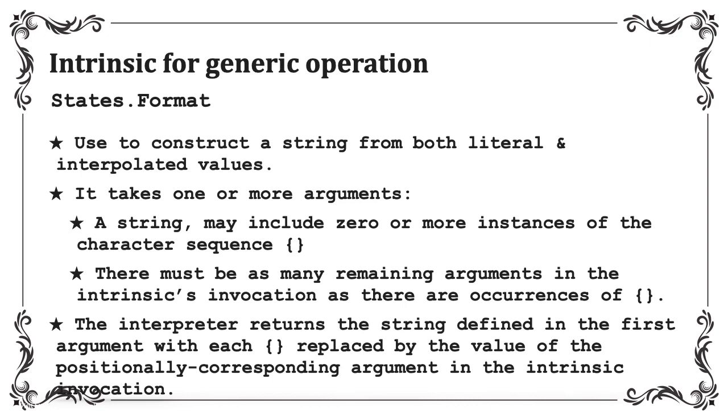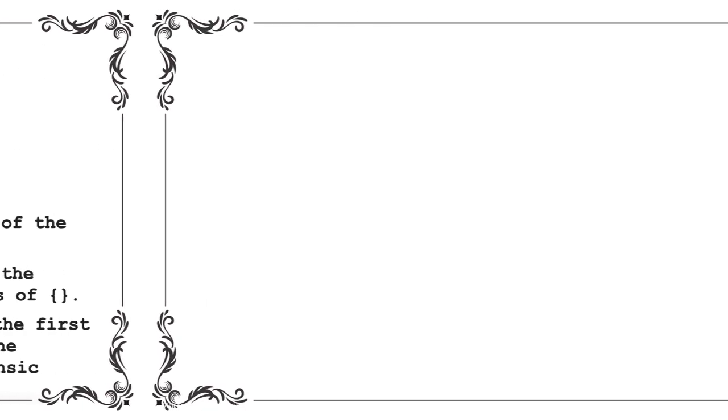There must be as many remaining arguments in the intrinsic invocation as there are occurrences of the character sequence. The interpreter returns the string defined in the first argument with each curly braces replaced by the value of the positionally corresponding argument in the intrinsic invocation.